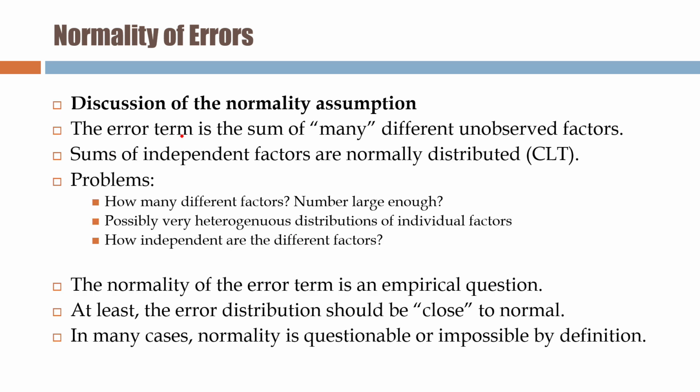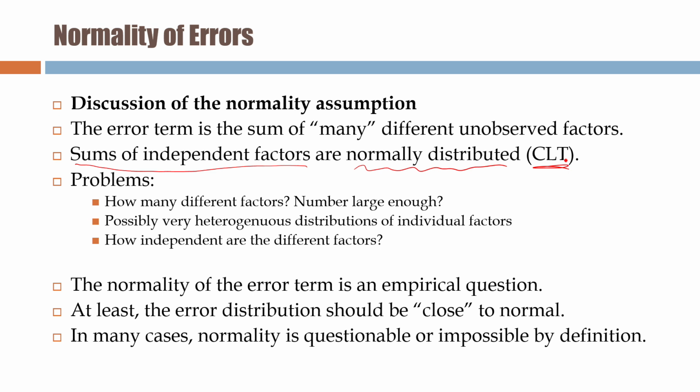Basically the error term is the sum of many other unobserved factors. There are a lot of different factors, but we didn't collect that data, so we don't know; all of these mixed-up unknown factors are the error term. That's why our model cannot capture that part. Some of the independent factors which we don't capture should be normally distributed by the central limit theorem.